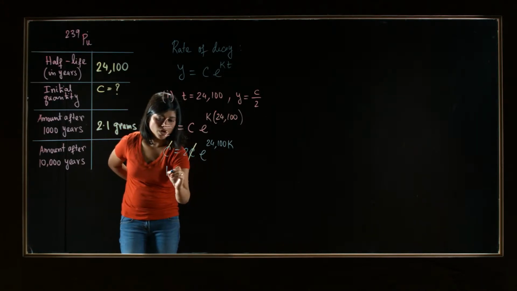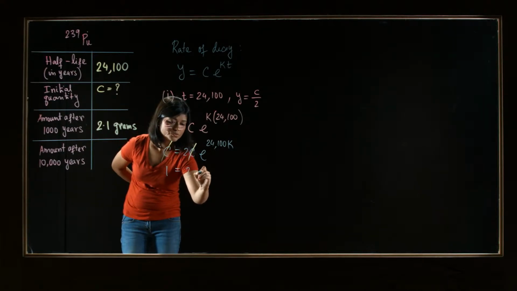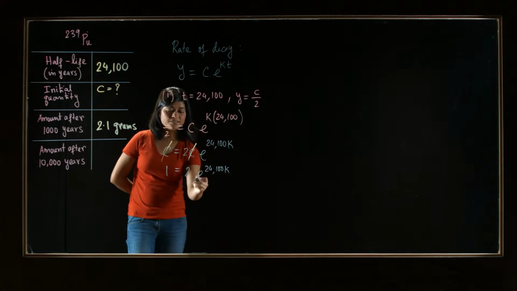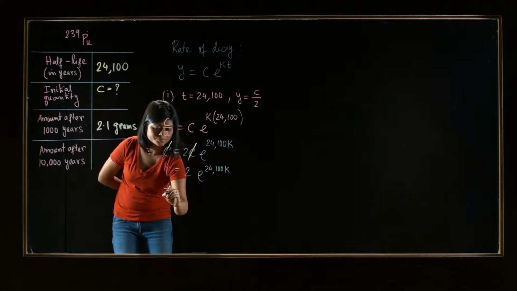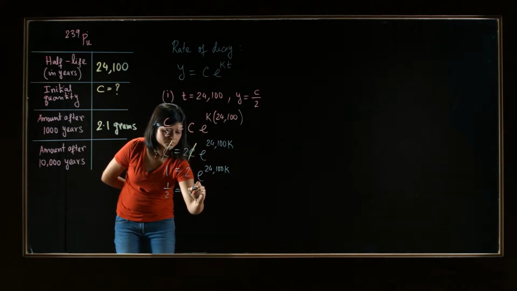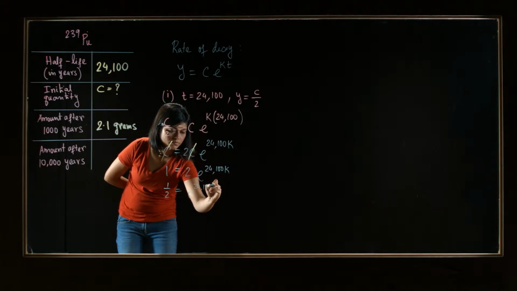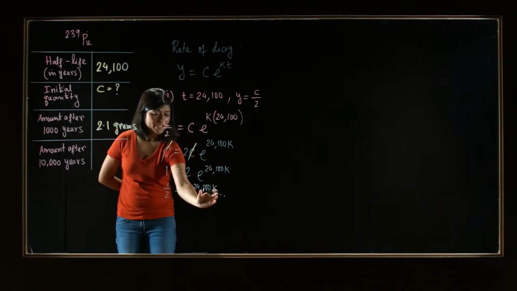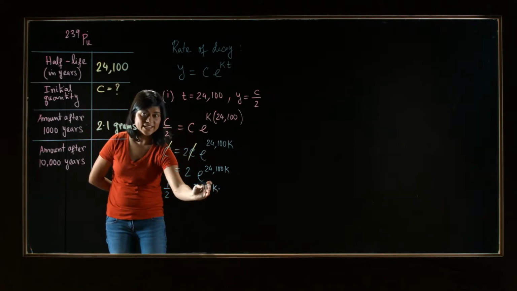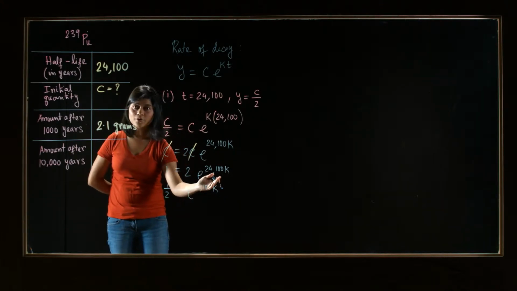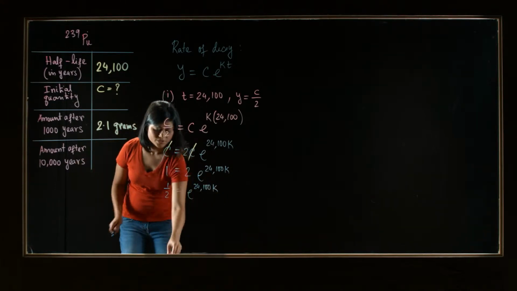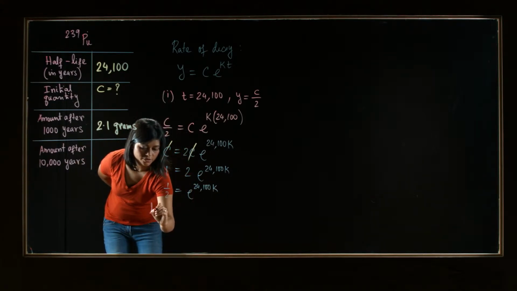So we have 1 is equal to 2 e to the power whatever we have, and then divide both sides by 2. And we have an exponential equation. We have to extract k from here. k is the only variable. How can we do that? By taking the natural log of both sides.